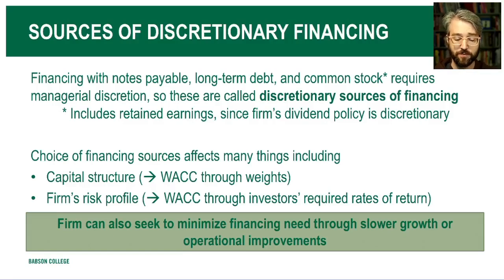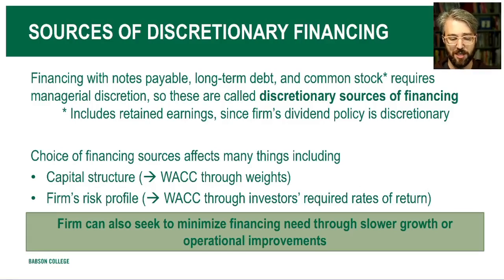So what we just described is the degree to which what's sometimes called leverage can make a firm riskier. And so a firm, when it chooses to meet its discretionary financing needs, that includes a choice of the firm's leverage. How much do we want to borrow versus how much do we want to raise from shareholders, which is going to affect both the weights in the WACC and investors' required rates of return through the risk of the firm.